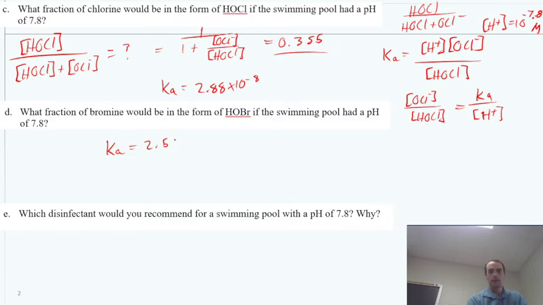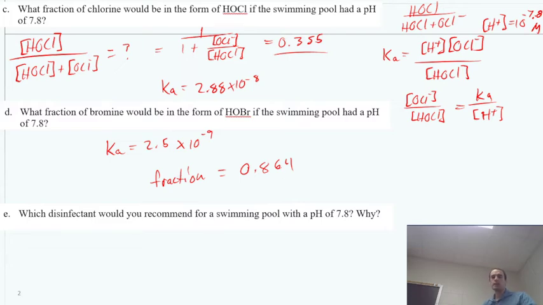I like the 10 to the something because it's a little simpler to relate to the pH scale, but sometimes you won't get it quite in that form. Then you get the ratio or the fraction. Do the same exact problem otherwise, except it's HOVR. And then here we should get 0.864.